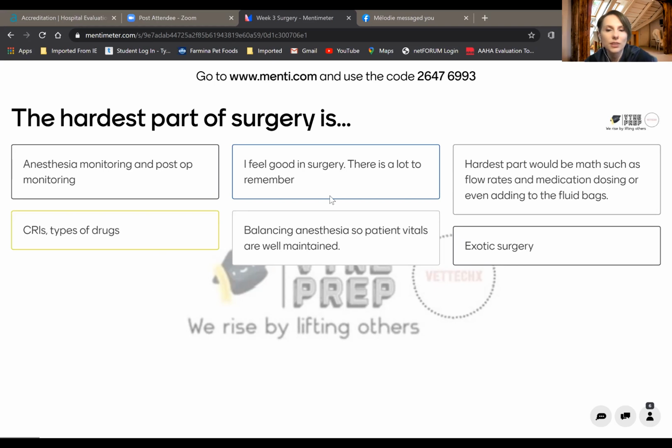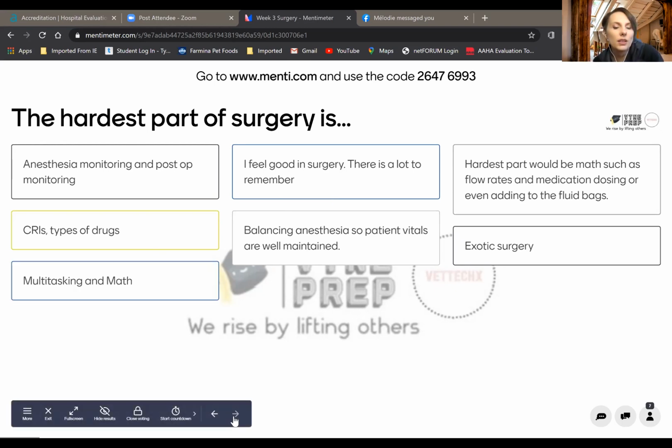Ooh, exotic surgery. Multitasking, yes, can be really hard. That comes with confidence and experience for sure. A lot of this is just experience, so that's good. And truly, you should never feel 100% confident in surgery, right? Once you feel super confident in surgery, then there's an issue, because you have a patient that is really close to death.